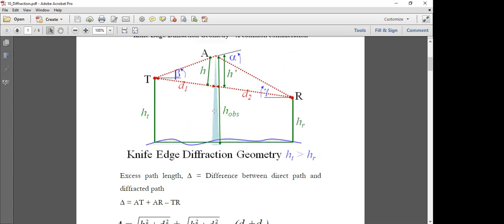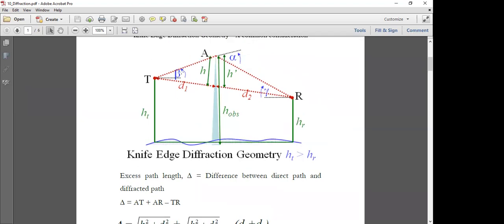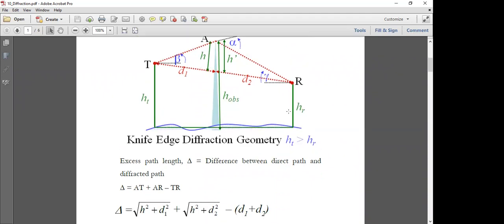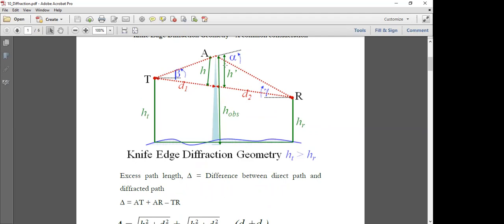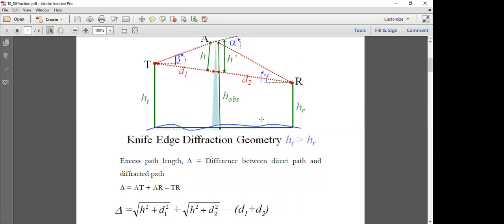Now, AT we can write as the root of d1 squared plus h squared, just assuming approximately a triangle with a right angle. Similarly, on this side, AR we will approximately consider equal to the root of h squared plus d2 squared. For TR, we have a distance d1 plus d2.